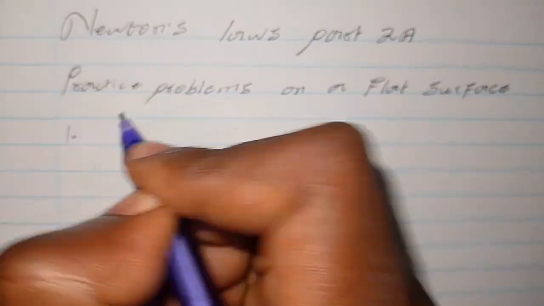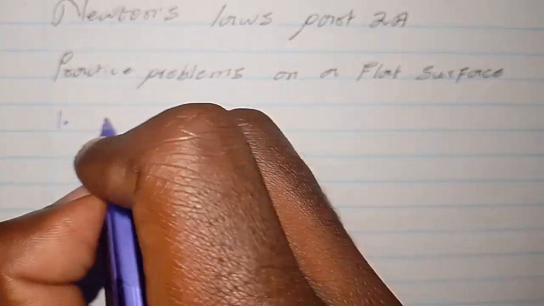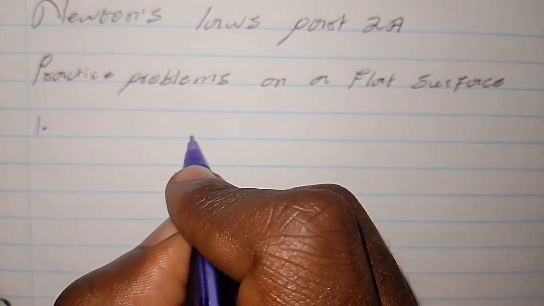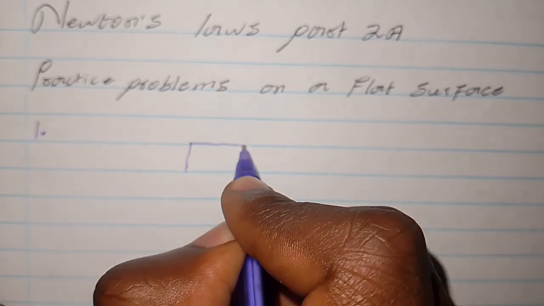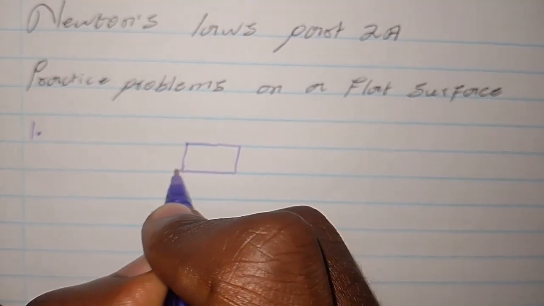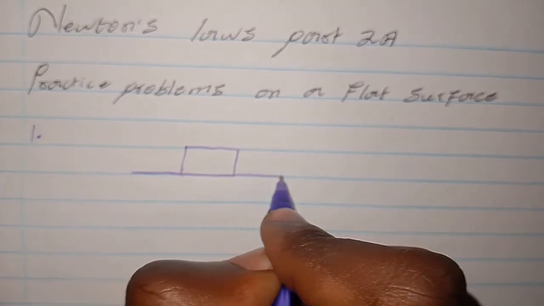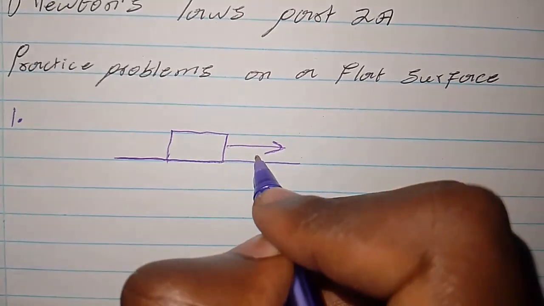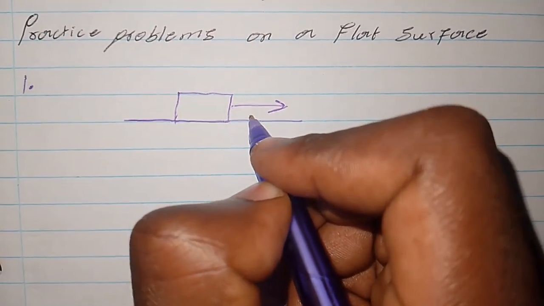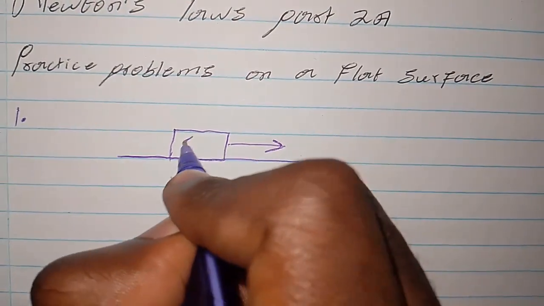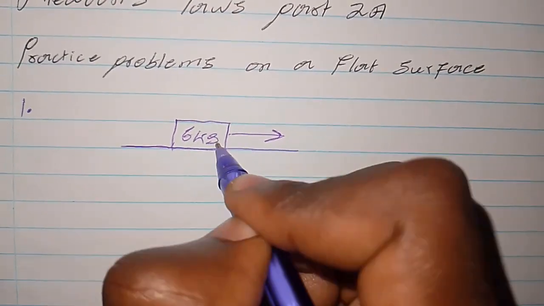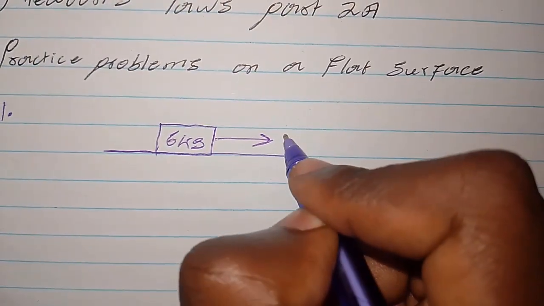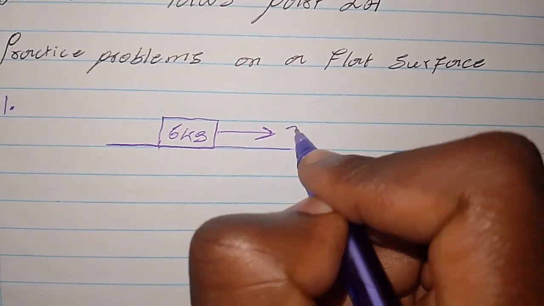So number 1, this is the applied force to the block. They say that it is a 6 kg block with an applied force of 20 Newton.